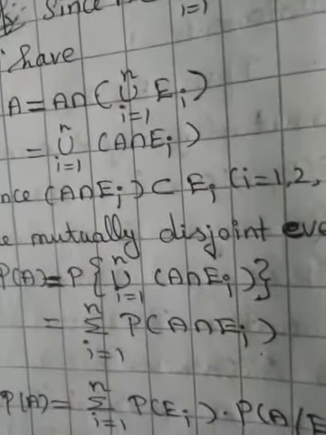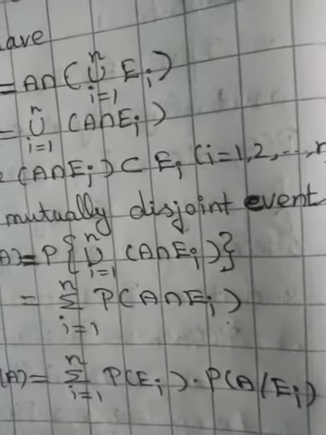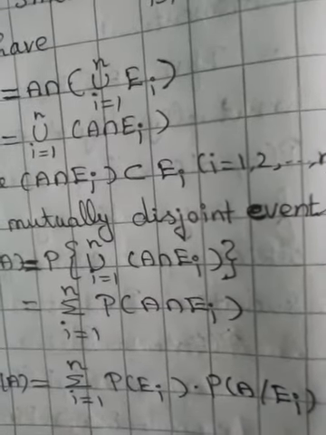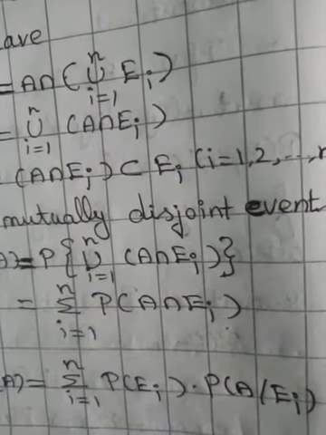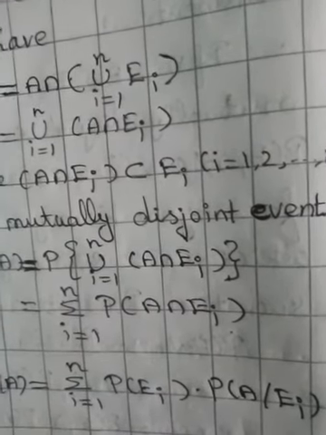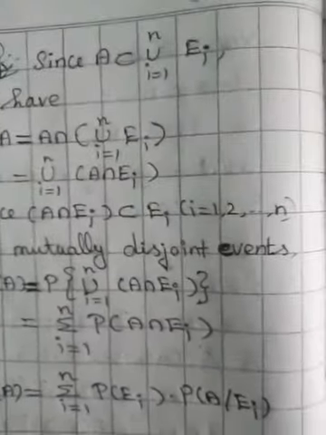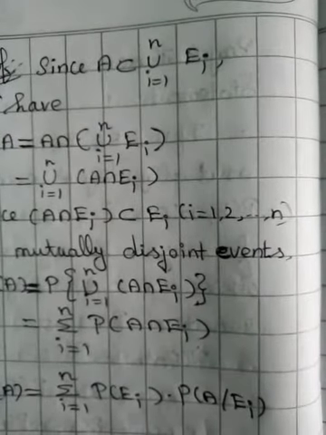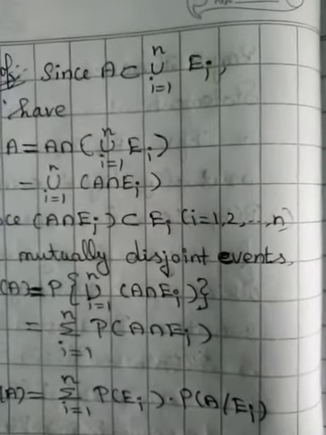P of A equal to summation i varies from 1 to n P of Ei into P of A divides Ei.